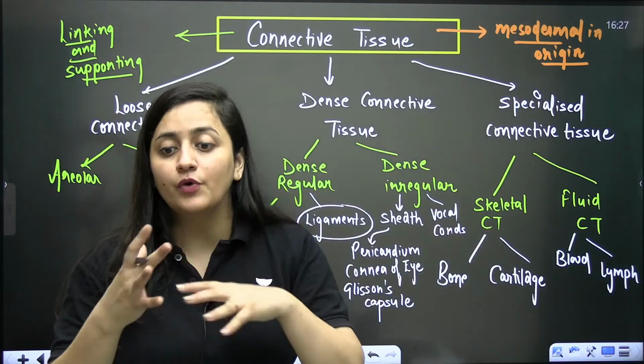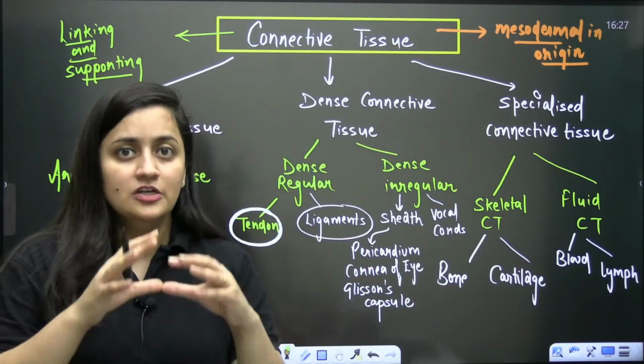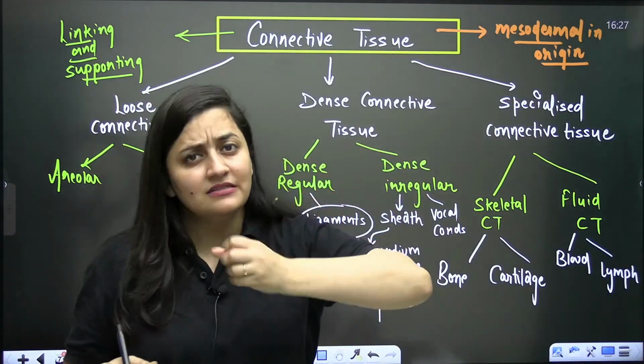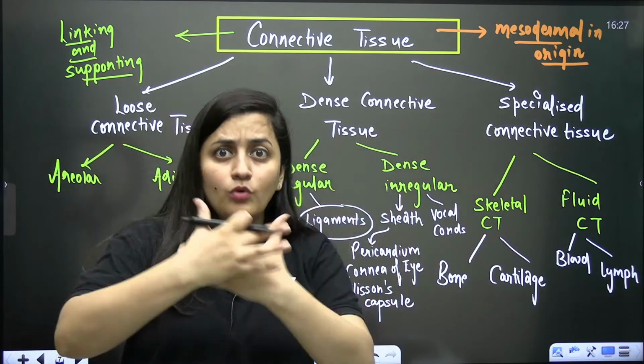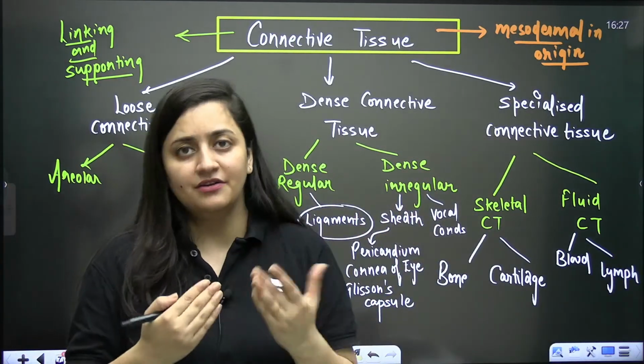So everything we are going to discuss there. When we are using the word connective tissue proper, it helps our skin to get attached to the body, muscles to get attached to the bones, and bones to bones.